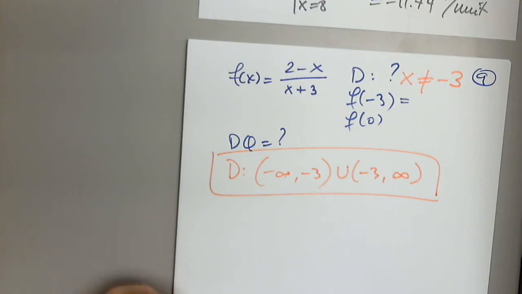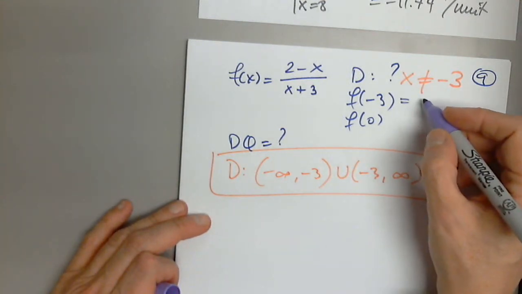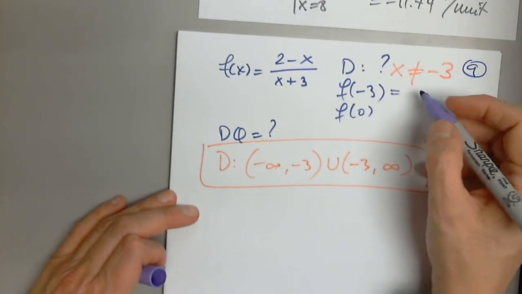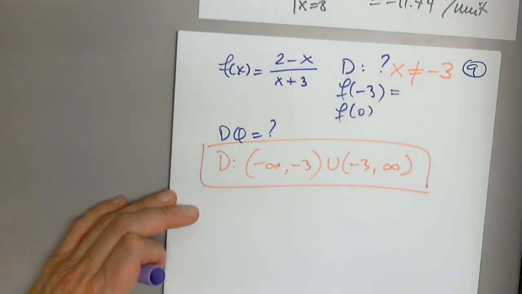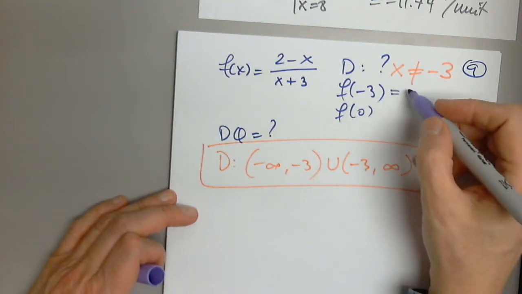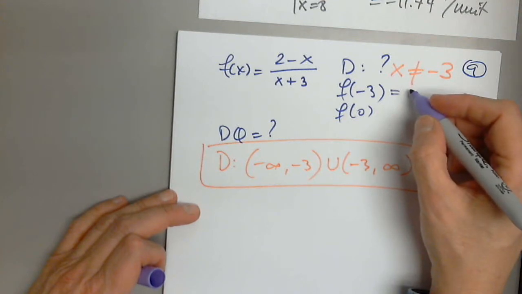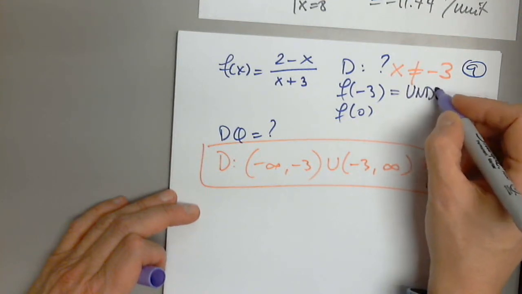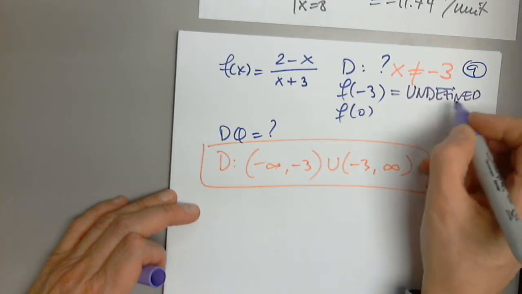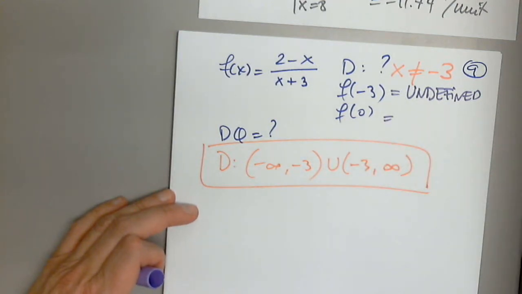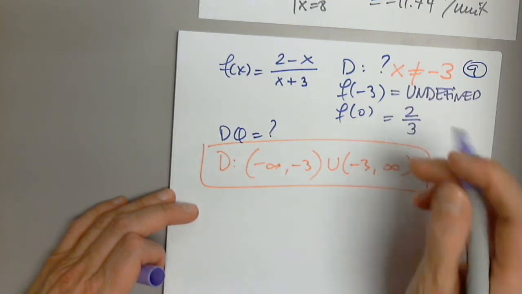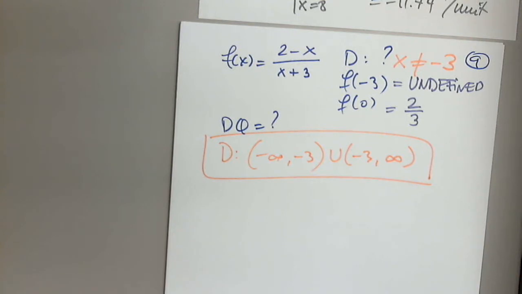What will you write? Good. So 2 minus negative 3 over negative 3 plus 3 is 5 over 0. Good. What is that? Very good. Good. And f of 0? Very good. Awesome. So now we are left with the difference quotient.